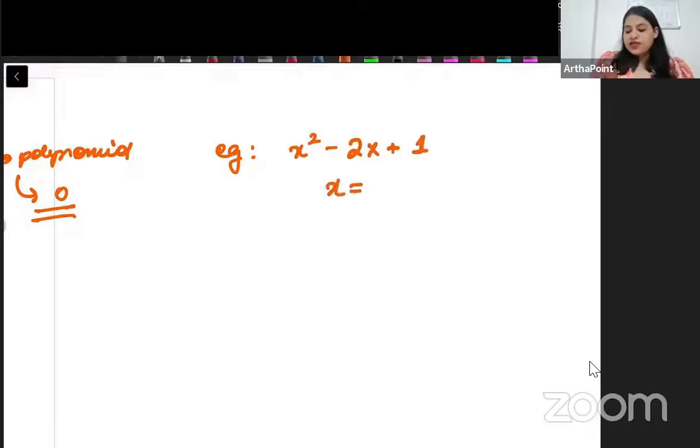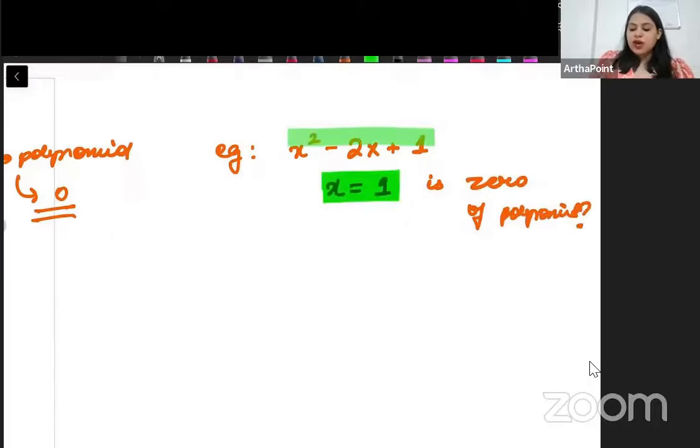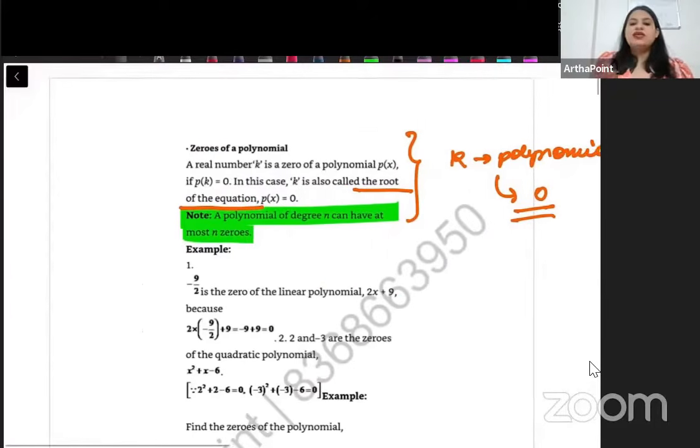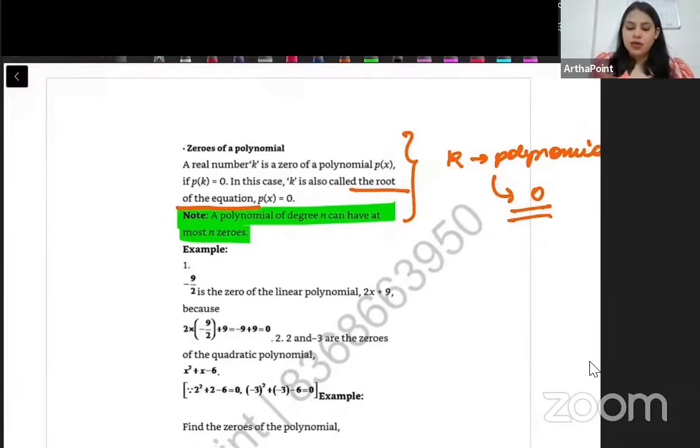I want to check whether x is equal to 1 is a zero of the polynomial or not. It will be a zero if, when you put x is equal to 1 in this equation, you get 0. So 1 square minus 2 into 1 plus 1, 1 minus 2 plus 1, 2 minus 2, 0. So this is in fact a zero of the polynomial.